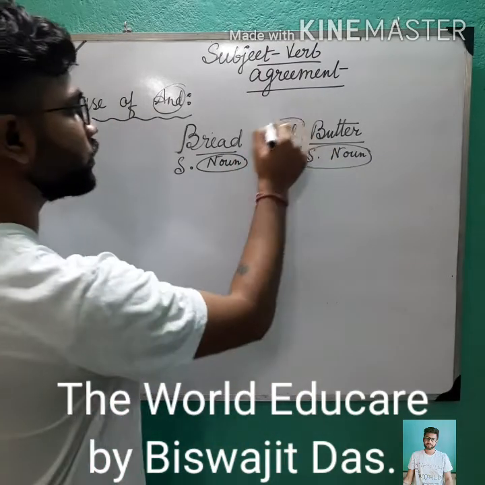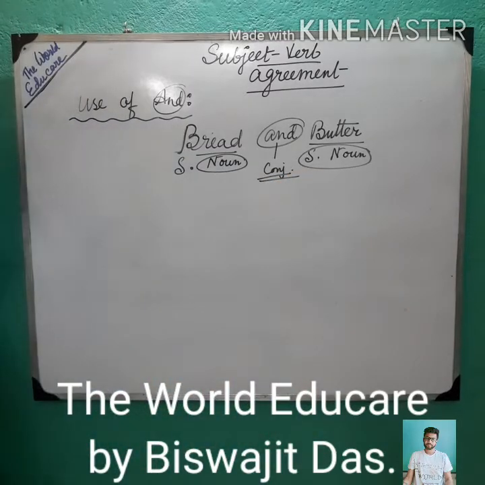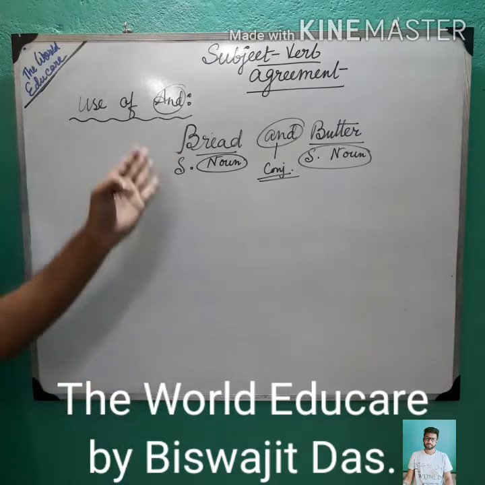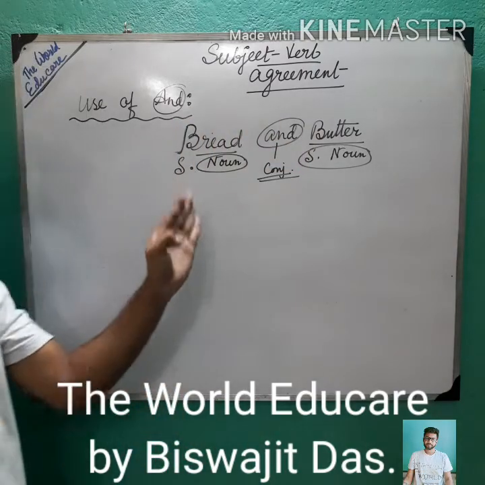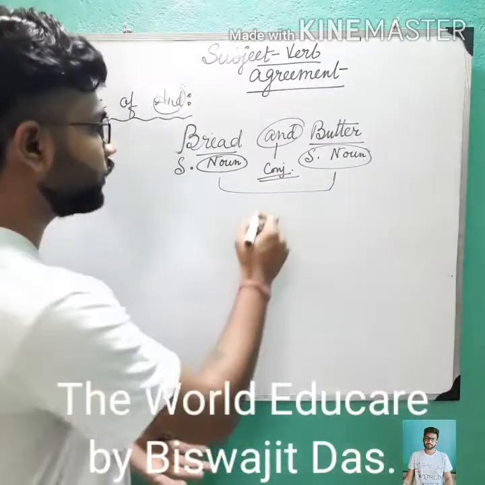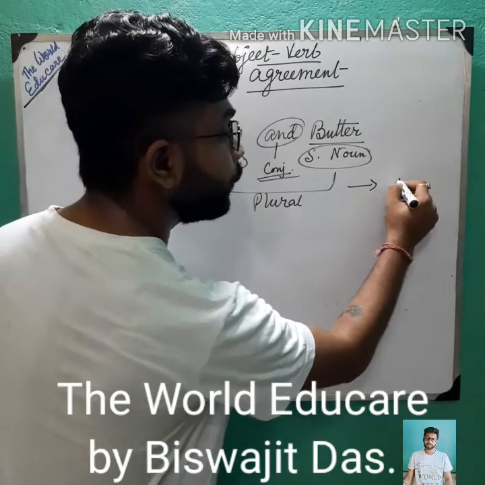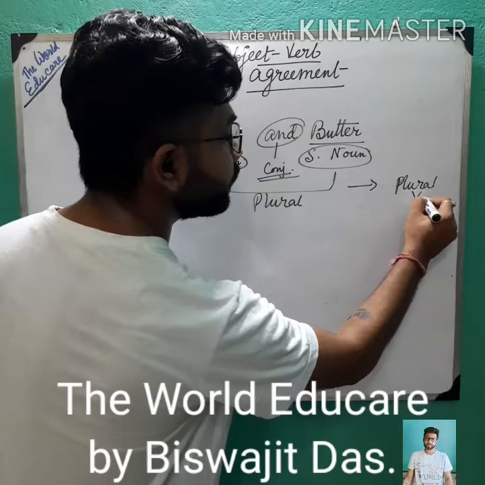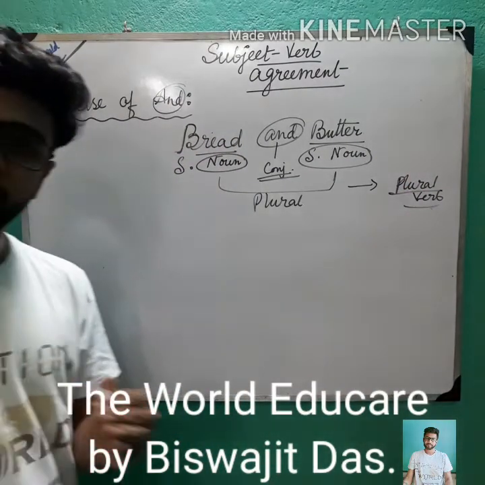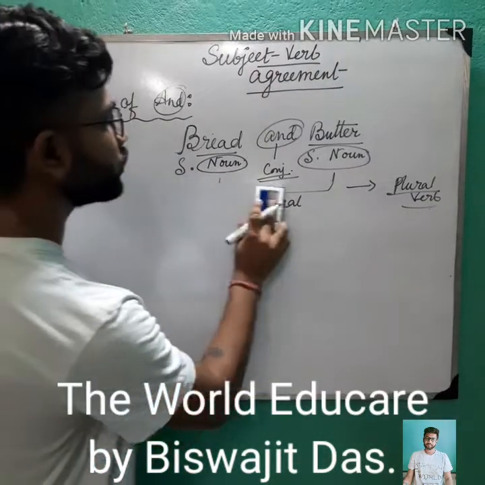It's a conjunction, right? So since the conjunction "and" joins two nouns, as in the previous example, usually it becomes plural, and we will have to use a plural verb. But is it really always the same? No. Why not? So we will have to see this.